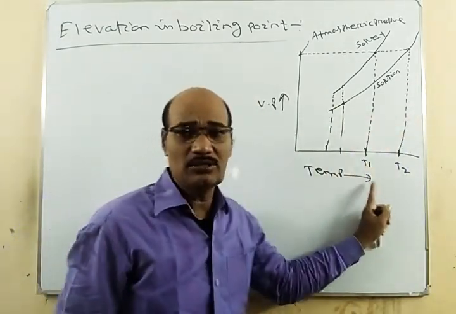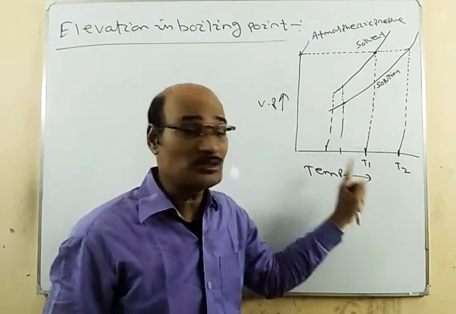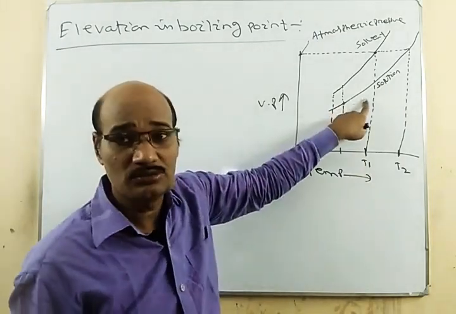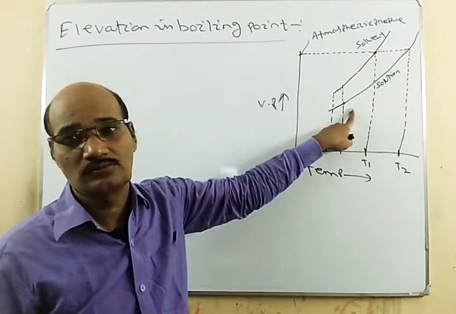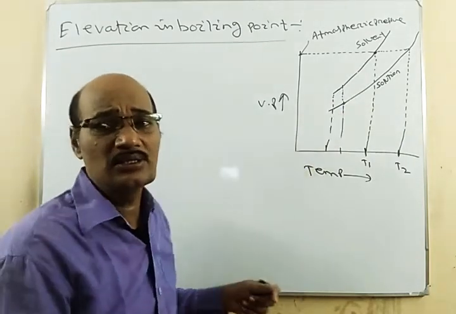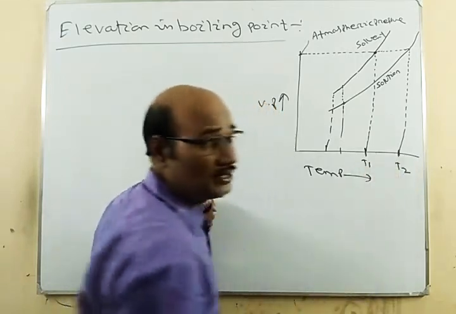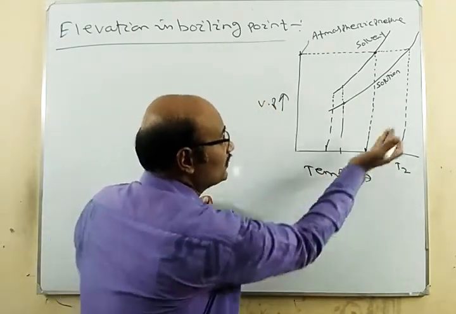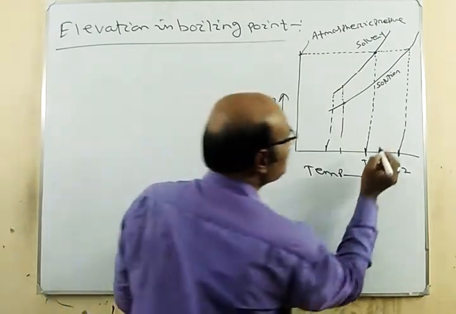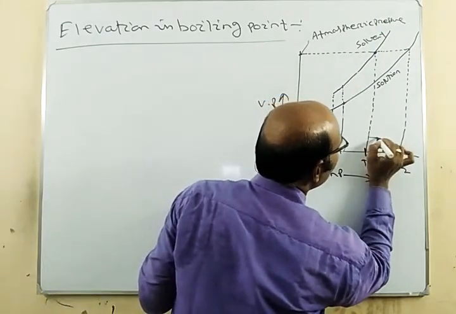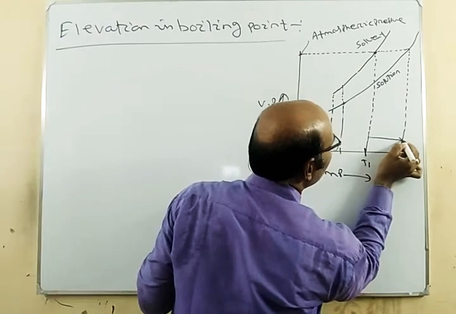At any temperature, the vapor pressure of the solution is less than that of a solvent. So we require a little bit more temperature to make the vapor pressure equal to atmospheric pressure. That means there is an increase of the boiling point.